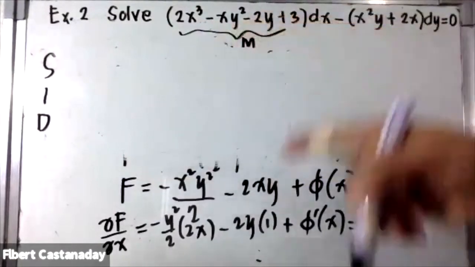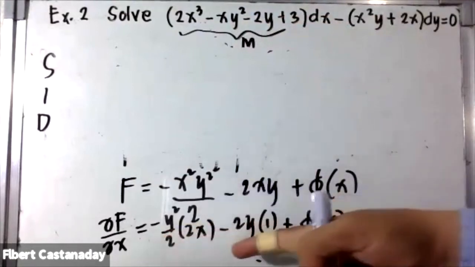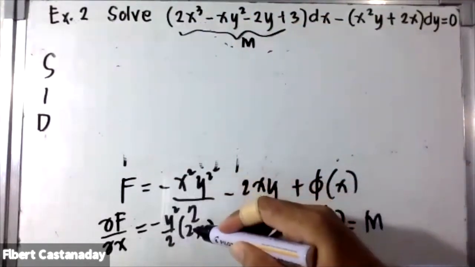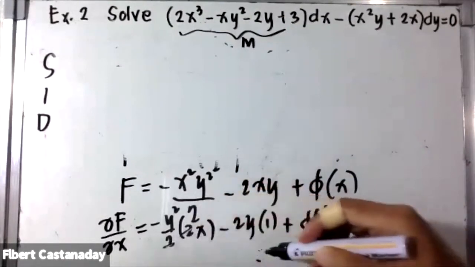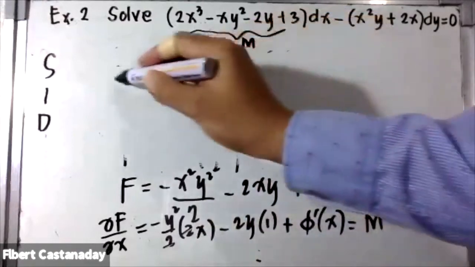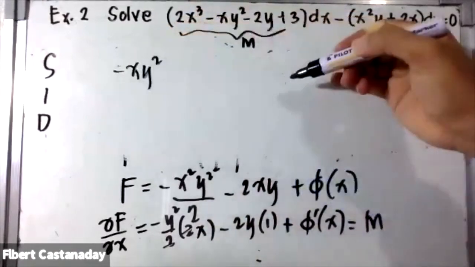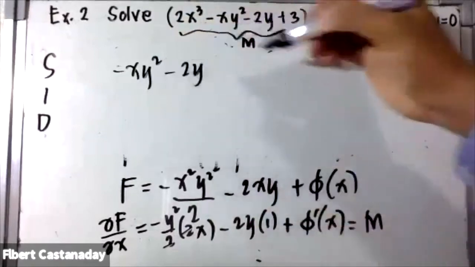Before we equate, we arrange this first. So minus y squared over 2 times 2x. We can cancel 2 here, so we have minus xy squared. And in the second term, you have minus 2y.